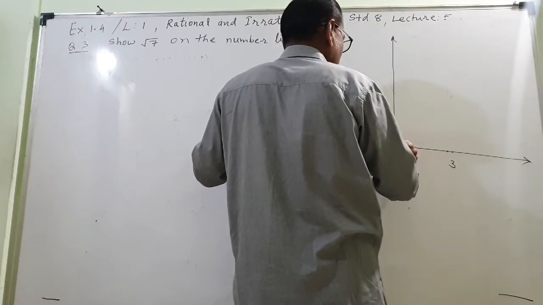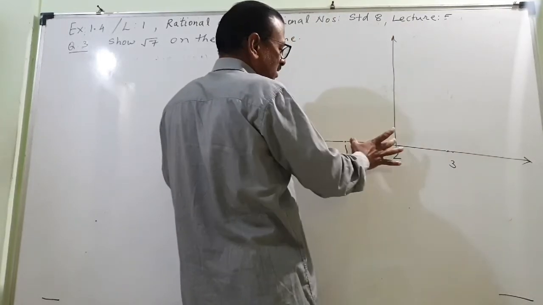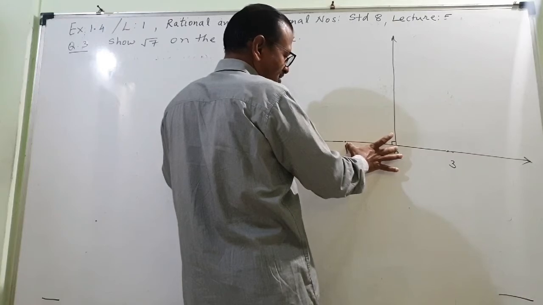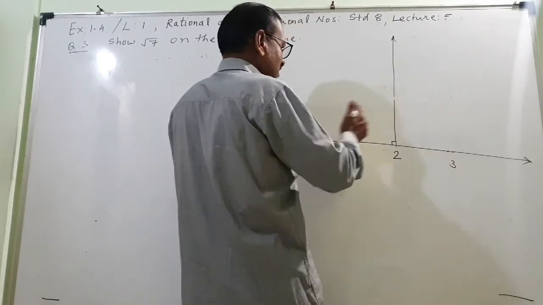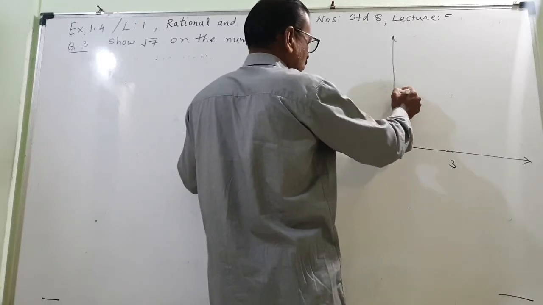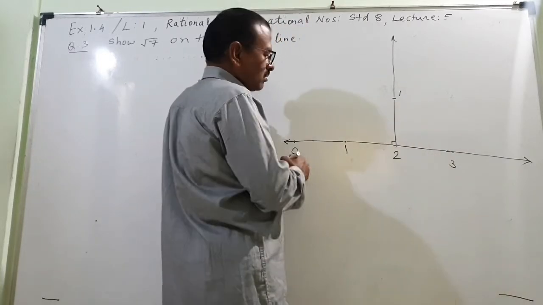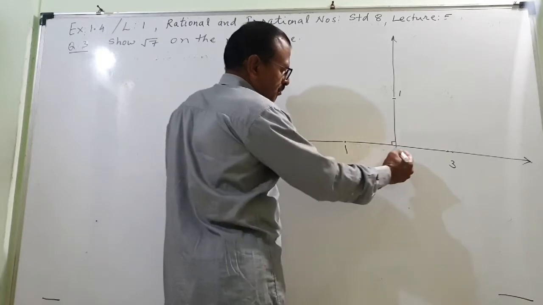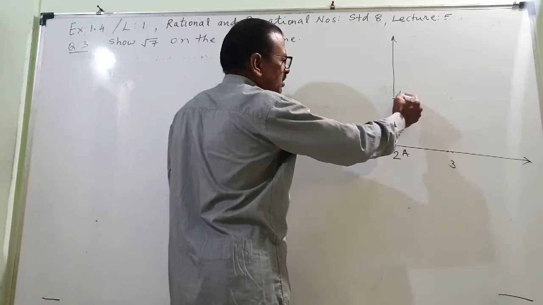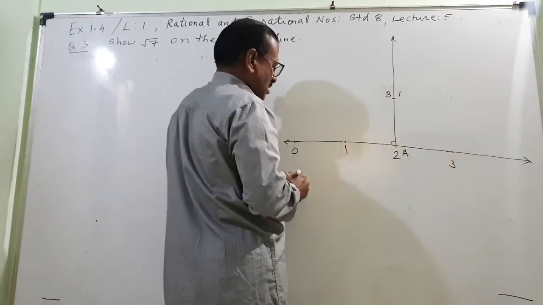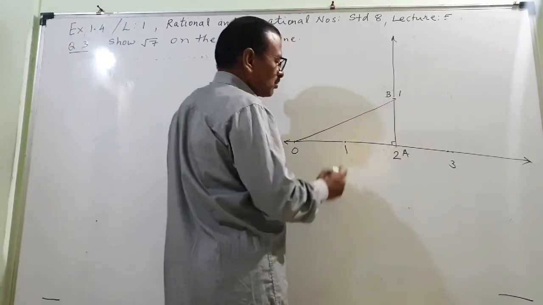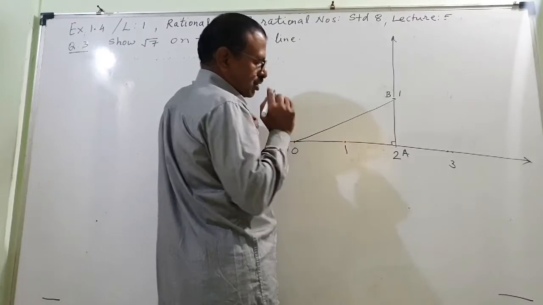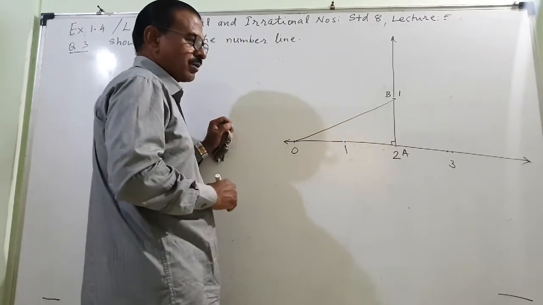Draw a perpendicular. Take this distance. This much distance is 1 unit. So same distance I will mark, and this is 1 unit. This is point A. This is point B. I will join from here to here. Don't start from here. Start from 0. Okay.